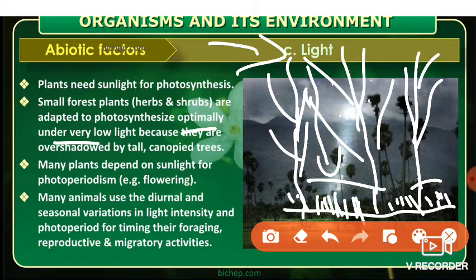And next, many plants depend on sunlight for photoperiodism, that is, for flowering. Some plants can do their flowering with the help of low light or short light timing.